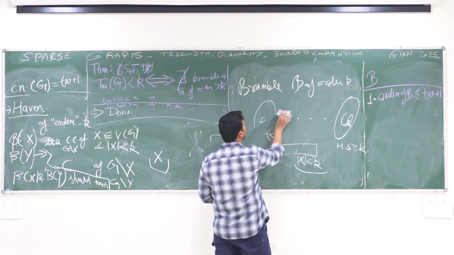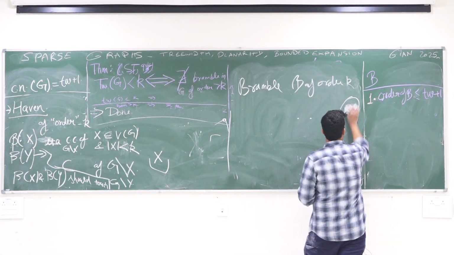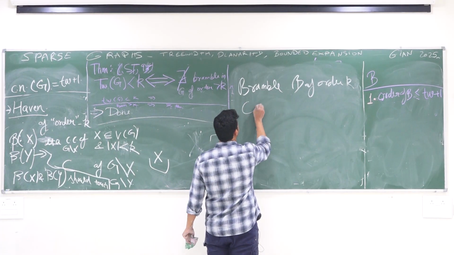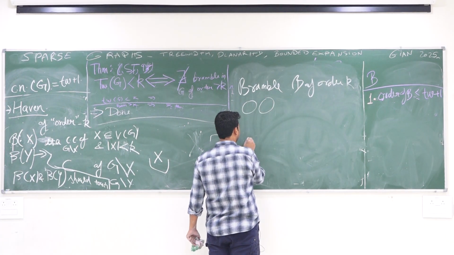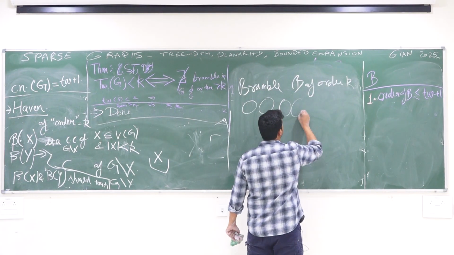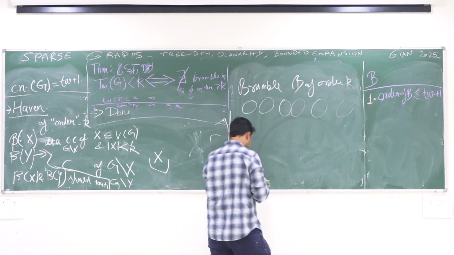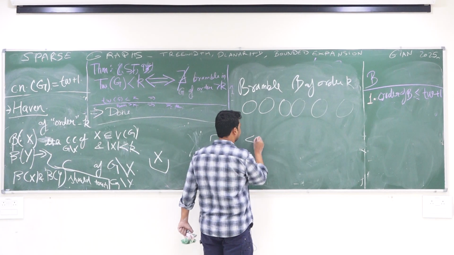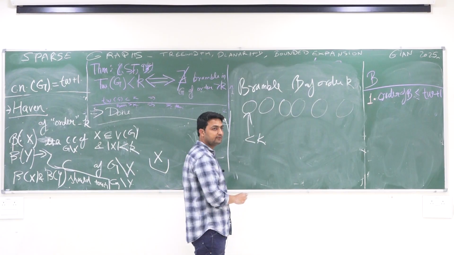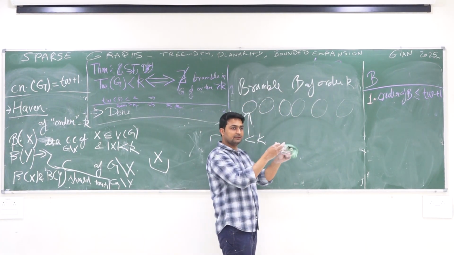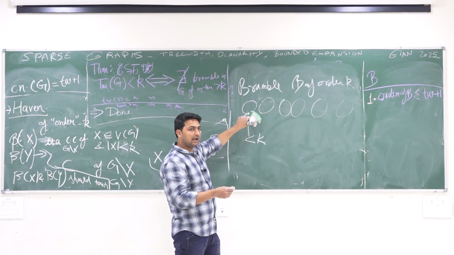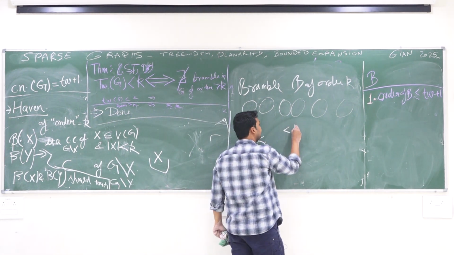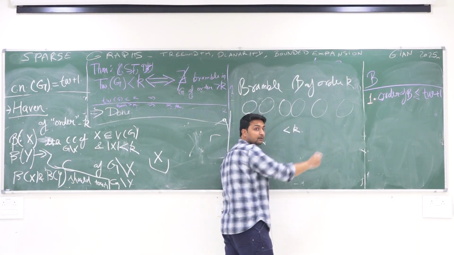And similarly, if you have a haven, you have some components, for every subset of size strictly less than k you have a component. All of these components touch each other. So you get the first definition. And the second thing that you need is that no fewer than k vertices should be able to touch all of them.